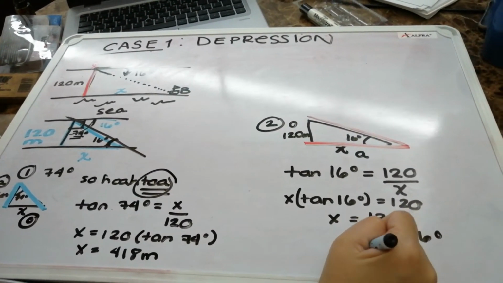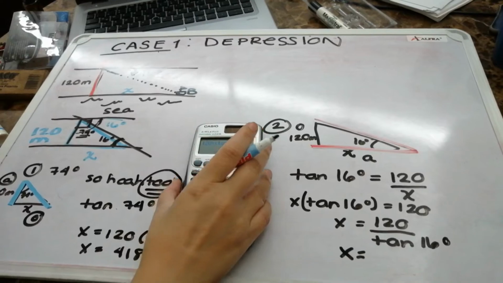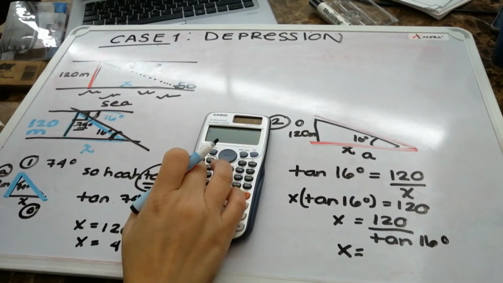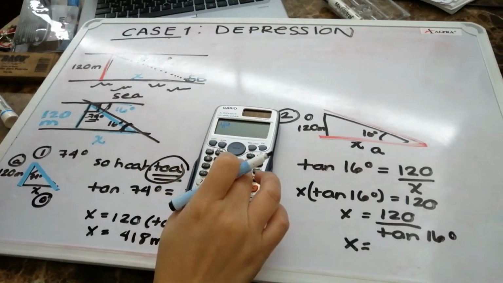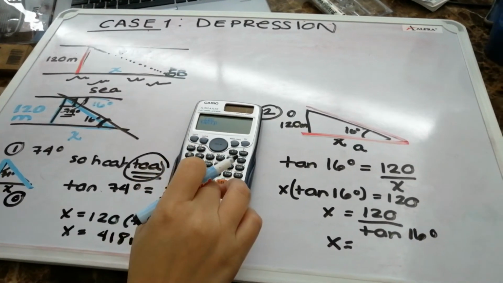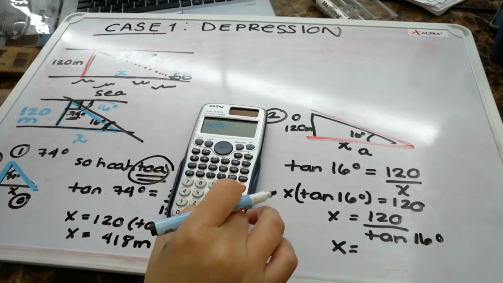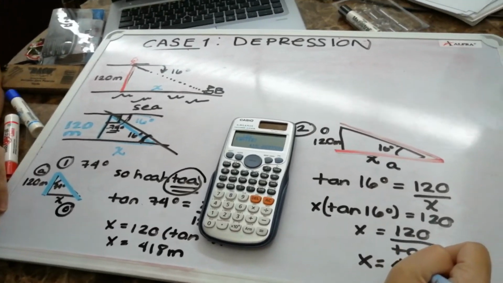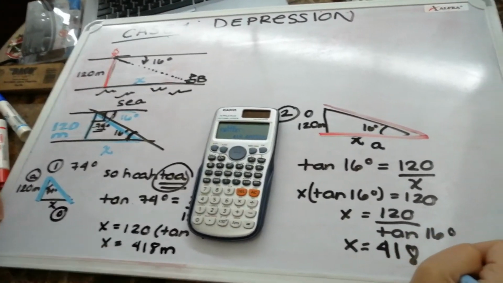And I calculate 120 over tangent of 16 degrees. Move the cursor to the right and press equal sign, which is 418 meters.